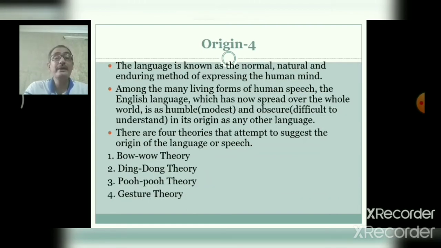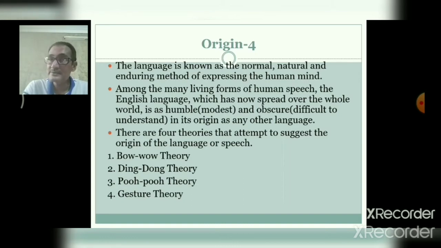Then we move ahead with another slide. Language is known as the normal, natural and enduring method of expressing the human mind. Now, as we have discussed in the first slide, language is a medium of expression. Now, what does a human being express? A human being expresses his thoughts.